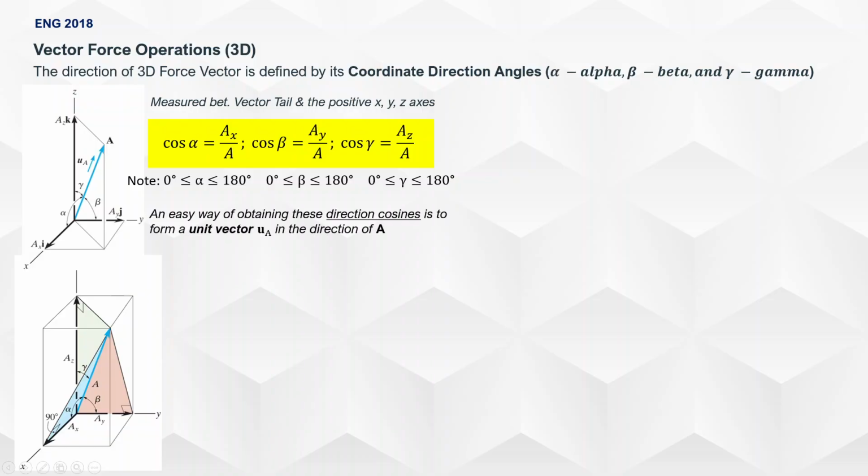So dito naman, just to simplify things, an easy way of obtaining this direction cosine is to form a unit vector UA in the direction of A. Ibig sabihin lang na parang representation, UA is simply the vector A, bold, may direction divided by its magnitude. And remember, yung vector A is a summation ng its x, y, and z components respectively.